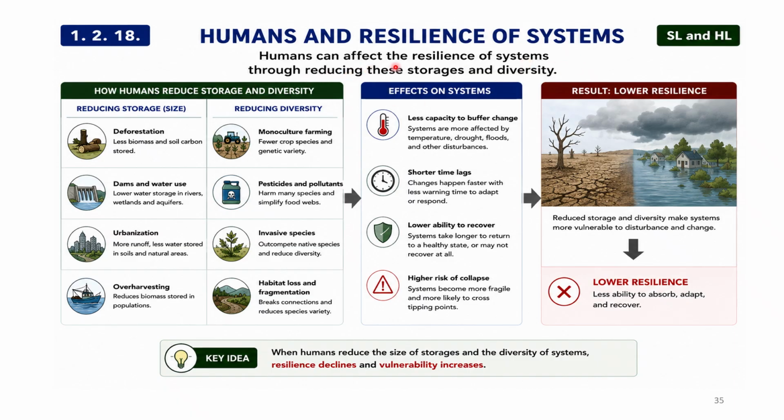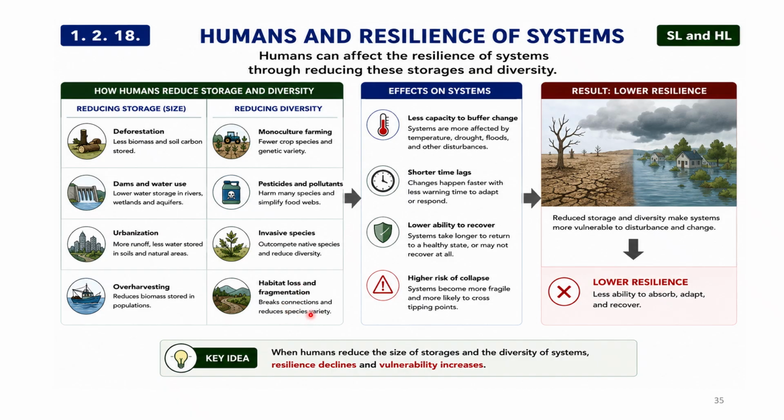Humans reduce storage capacity through activities such as deforestation, which removes biomass and stored carbon, dam construction and excessive water extraction, which decrease water stored in rivers and aquifers, urbanization, which replaces permeable soil with concrete, and overharvesting, which reduces biomass in natural populations. Humans also reduce biodiversity through monoculture farming, pesticide use, invasive species, and habitat loss or fragmentation.